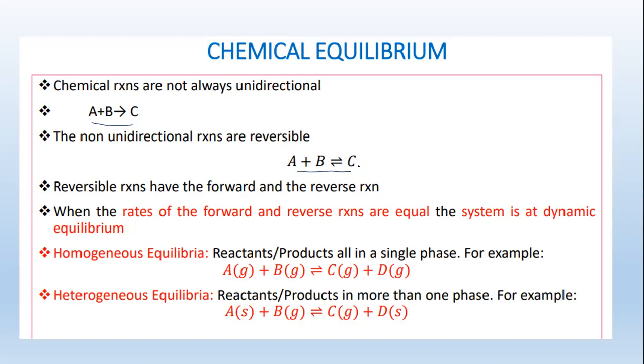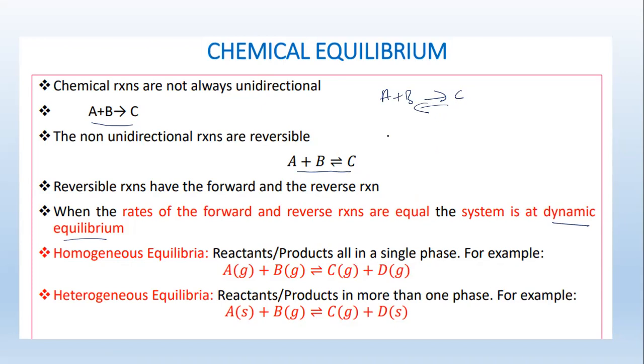Now, the most important thing that we need to know about the reversible reaction is that when the rate of the forward reaction is equal to the rate of the reverse reaction, we call that a dynamic equilibrium, okay? So when we talk about the dynamic equilibrium, look, this is the forward direction, right? When A plus B forms C. But remember, this reaction is reversible.